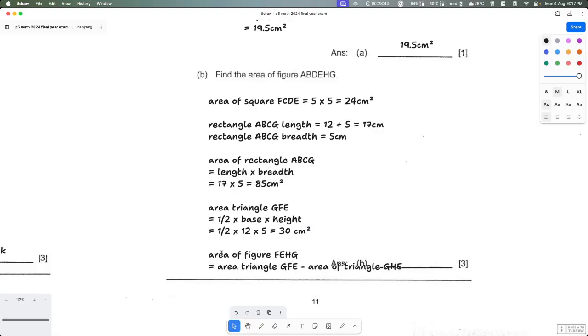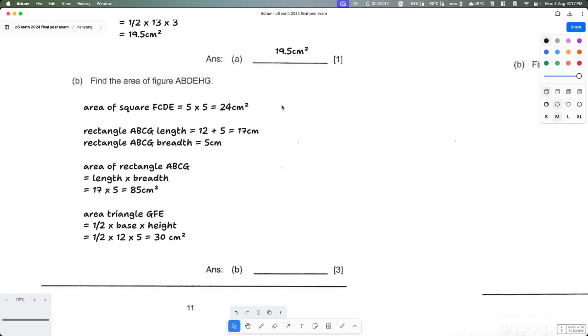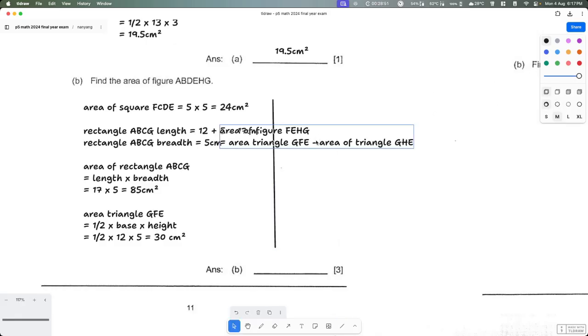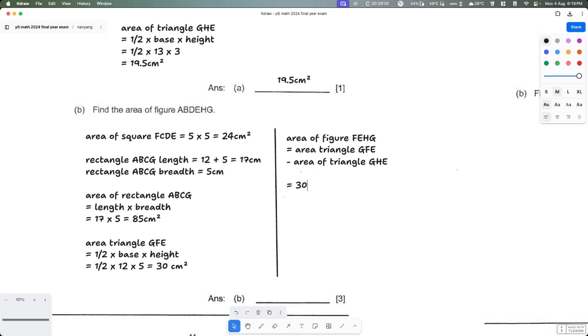Okay, that's what you see over here. So now area of GFE minus area of GHE, which is equal to basically 30 minus 19.5.